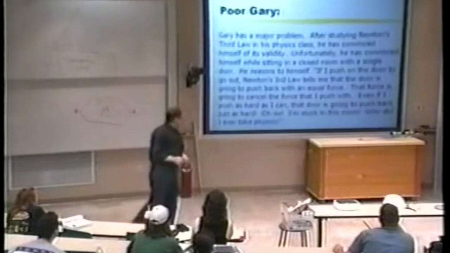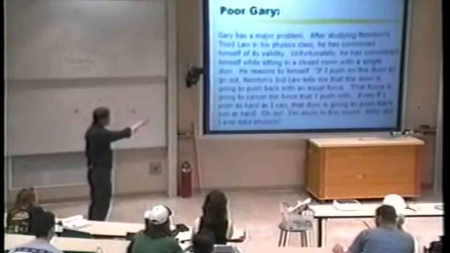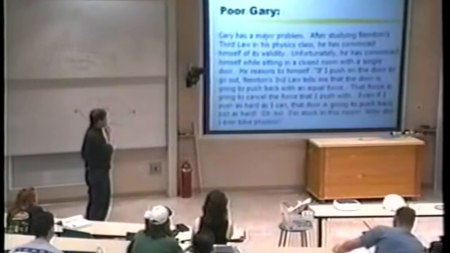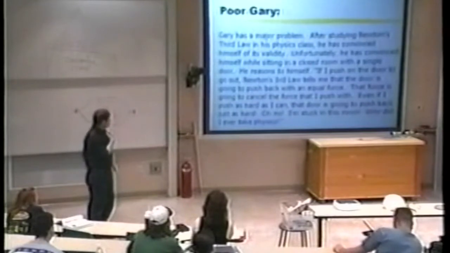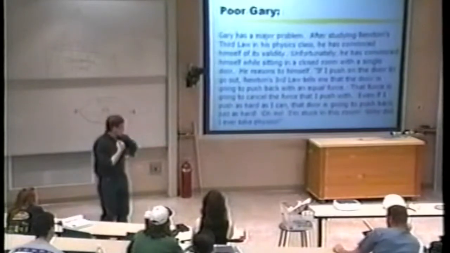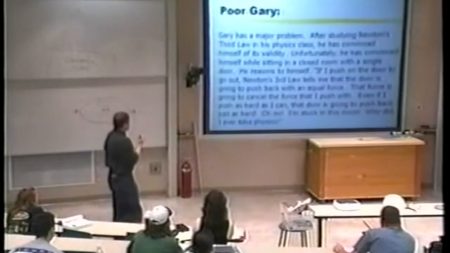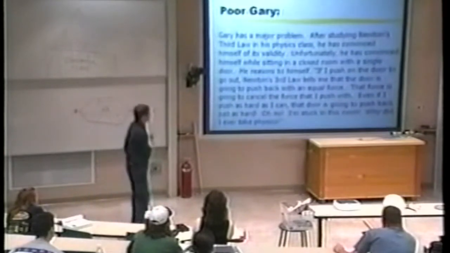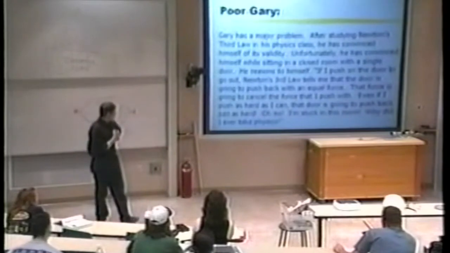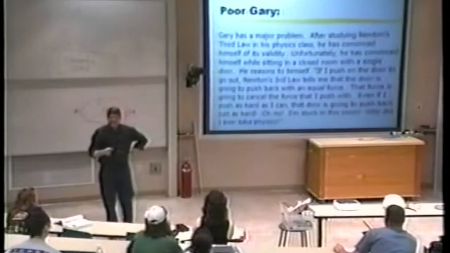He reasons to himself, if I push on that door to go out, Newton's third law tells me that the door is going to push back with an equal force. That force is going to cancel the force that I push with. Even if I push as hard as I can, that door is going to push back just as hard. Oh no, I'm stuck in this room. Why did I ever take physics?